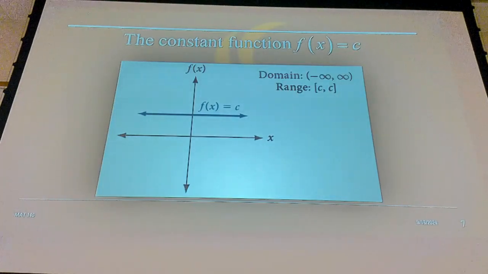That is not how you write the range. Range is just a single value c. I know what they're trying to do with that, but no serious mathematician would ever write it that way.